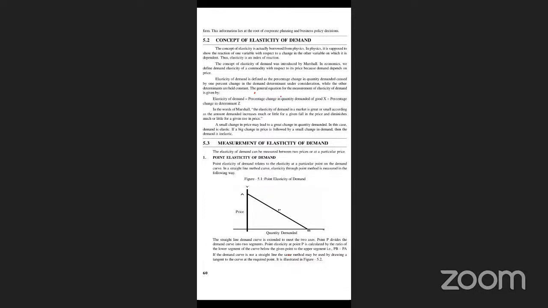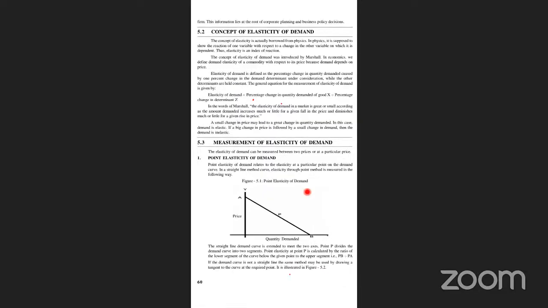Let me show you with my marker. Here it is, P. This is a demand curve, which is a straight line. On this curve, there is a point P. This point denotes the point elasticity of demand.